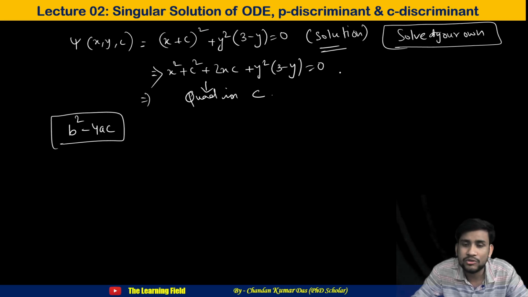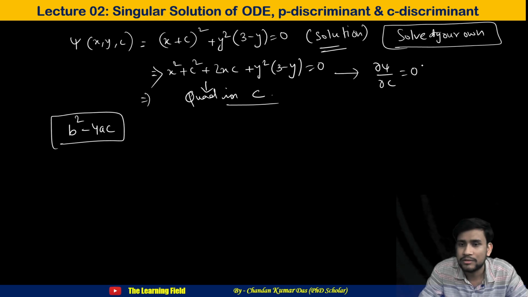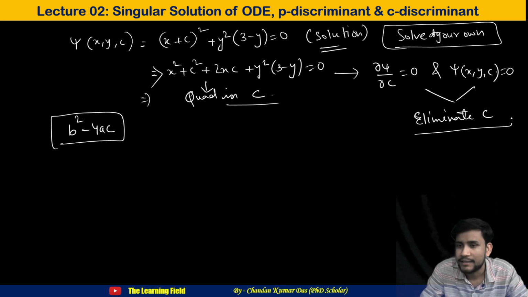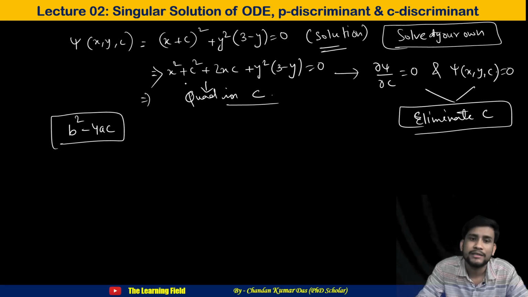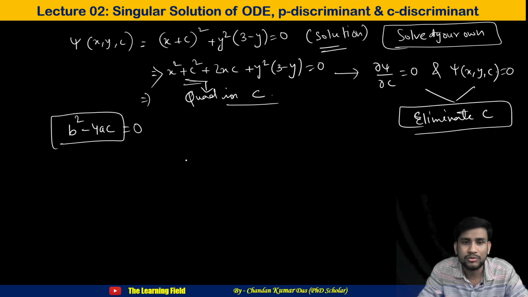If this is not a quadratic in C, then we have to calculate del psi del C equal to 0, and with the given equation psi x y c equal to 0, eliminate c to get the solution. But since this is quadratic in C, we directly apply b square minus 4ac equal to 0.